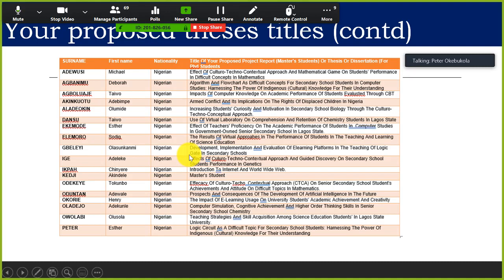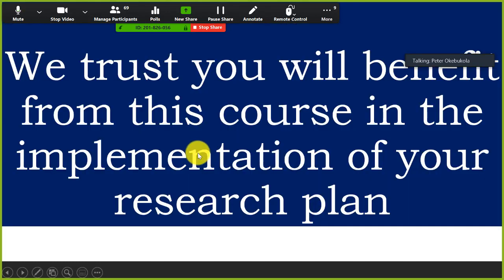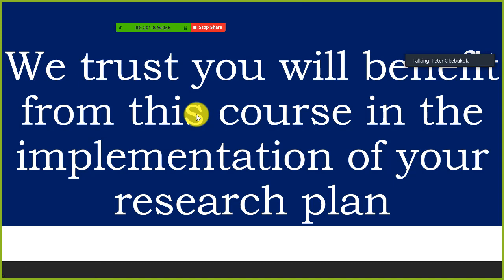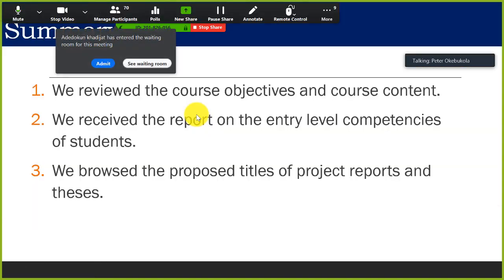And then, so these are the others. So I trust that you will benefit from this course, as I said earlier, in implementing your research plan. So what have we learned? In the last 25 minutes, we reviewed the course objectives and also the course content. Then I shared with you the report on the entry-level competencies of students.